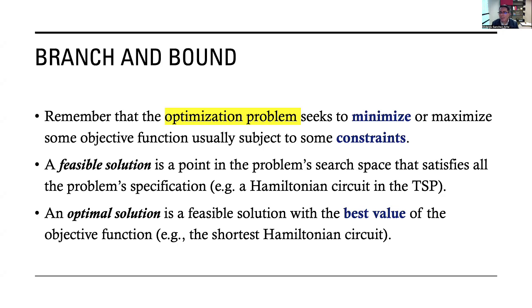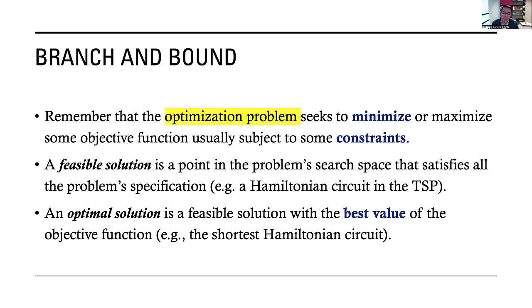For instance, if I am trying to solve the traveling salesman problem, what I need to do is to find a tour that connects all the cities once in the tour. So any Hamiltonian circuit is a feasible solution for the traveling salesman problem. It doesn't violate any of the constraints.